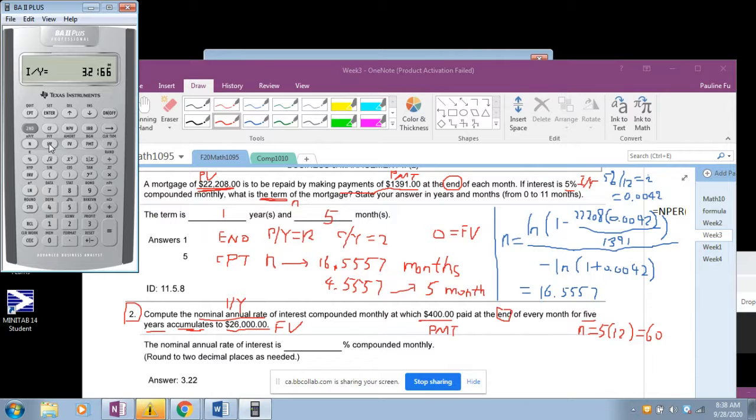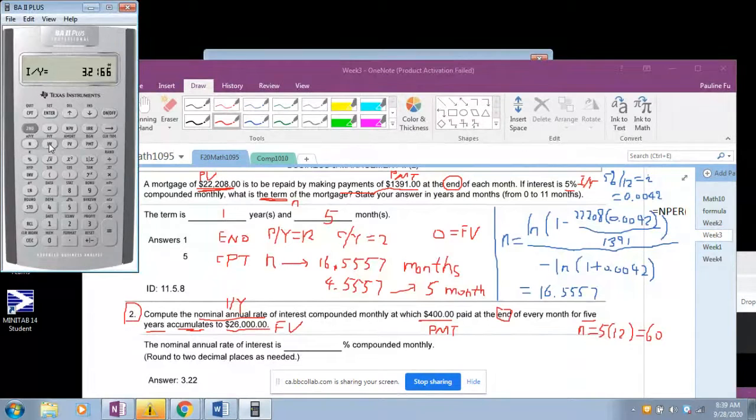You get 3.2166%. Read instructions. It said 2 decimal places. So the answer is 3.22%. So that is the interest using the calculator method.